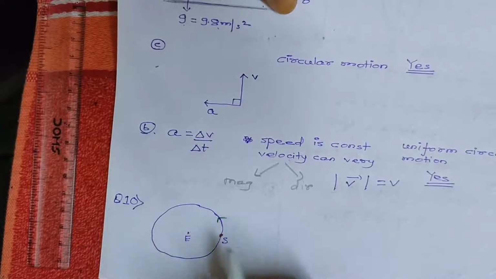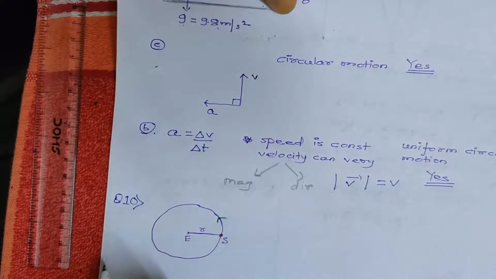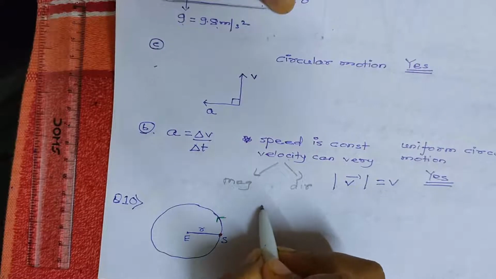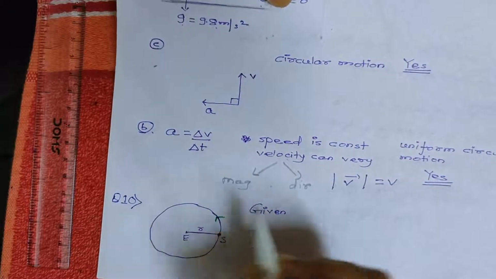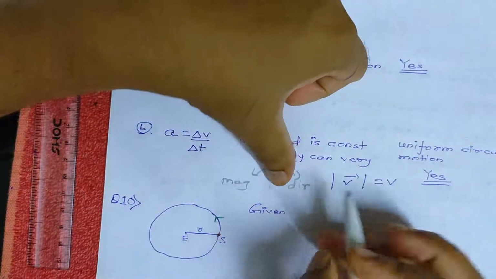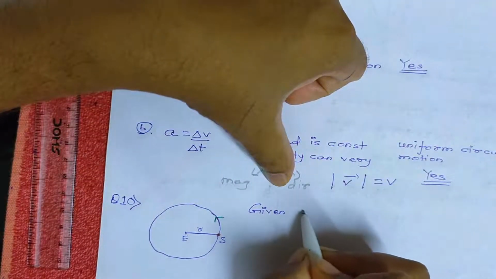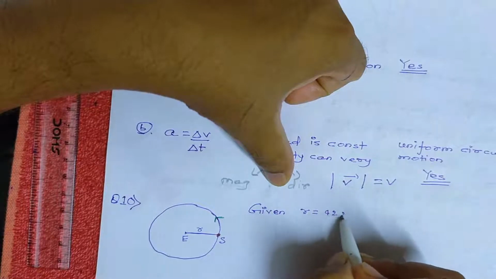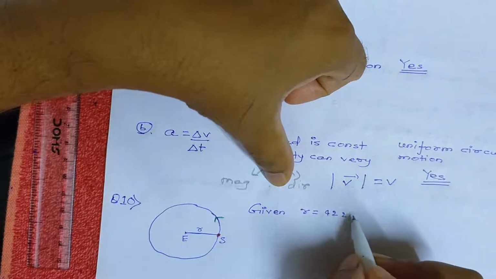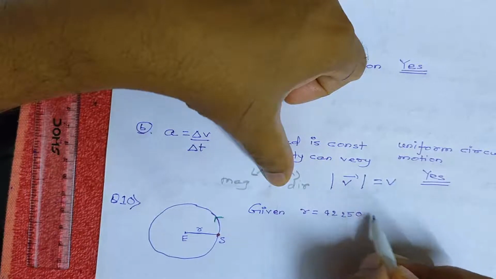Fine. Radius is given to us. We also know T. So let us see what all values are given. Radius is 42250 kilometer.